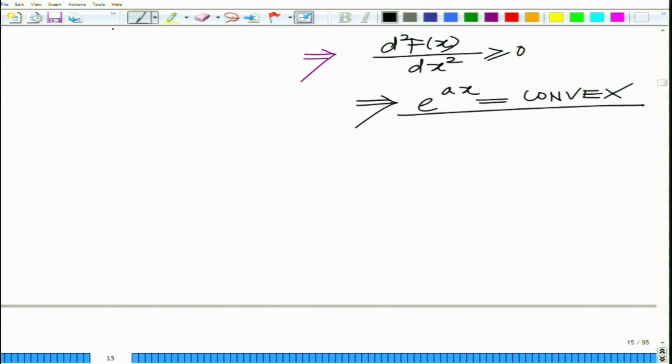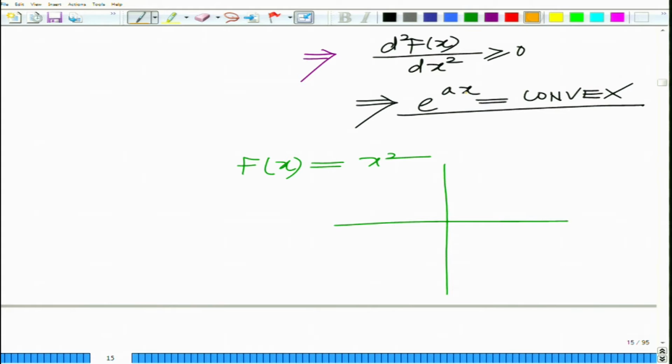Let us look at another function that we have seen yesterday, that is f of x equals x square. You can recall that it is given something like this. This is f of x, and this is your x square.